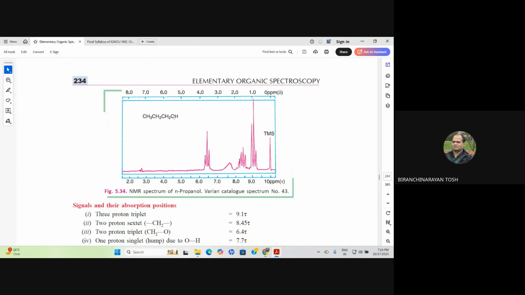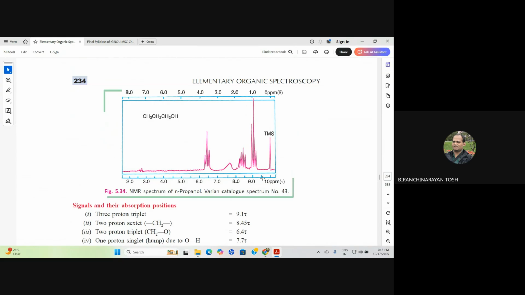So in this case, we are considering the OH, and because oxygen is more electronegative, we'll get one proton singlet only. It is a hump, at 7.5 or 7.7, whatever we get, due to the hydroxyl proton. And that methyl proton, the 3 proton triplet, will come around 9.1.